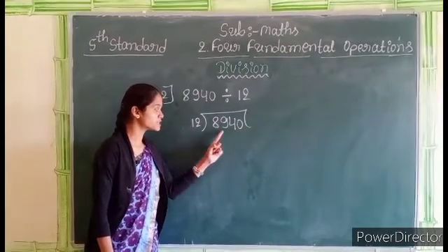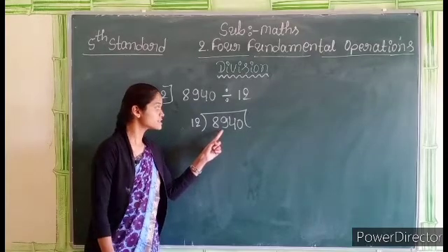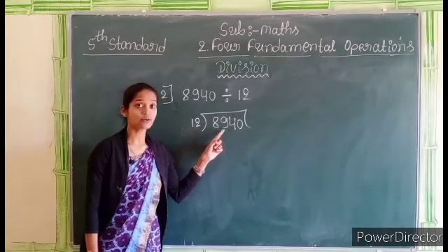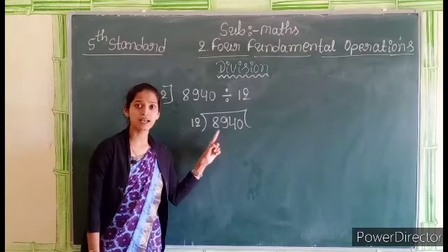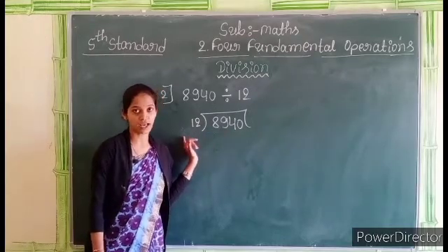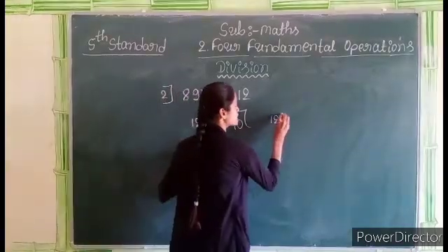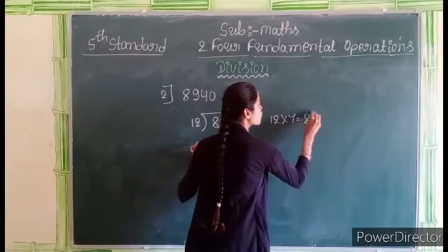Now we have to consider the 2 leftmost digits of the dividend, that is 89. Now tell me which number is near or less than this 89 in the table of 12. That is 12 sevens are 84.